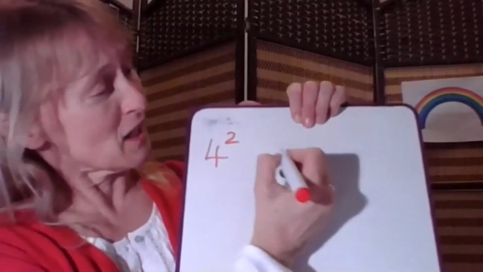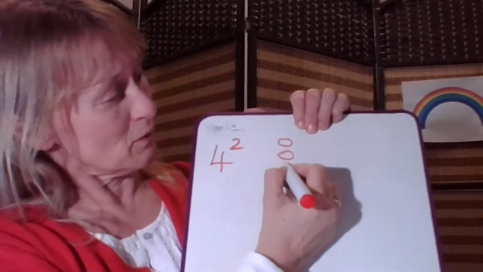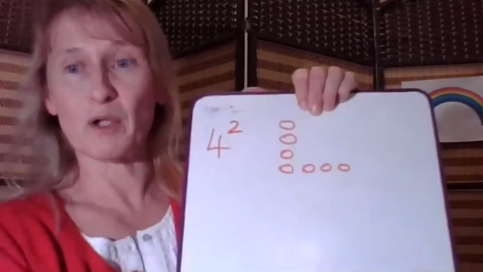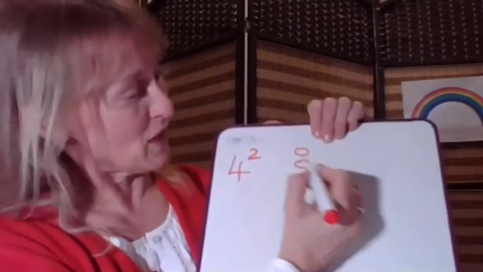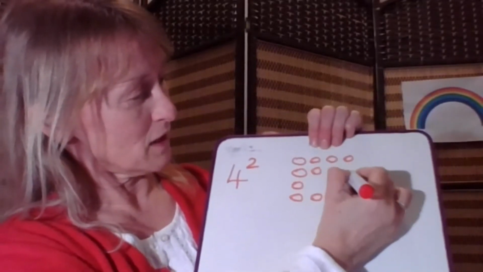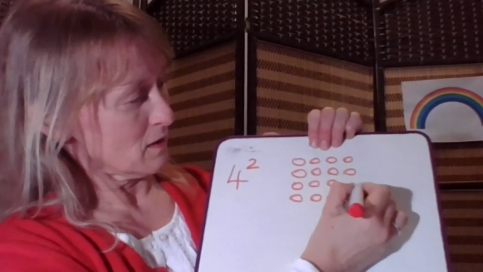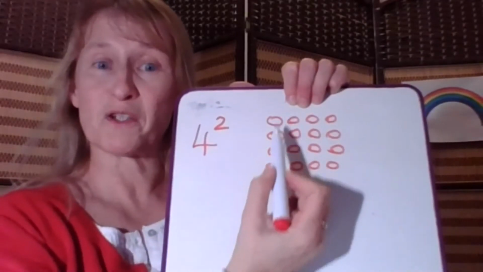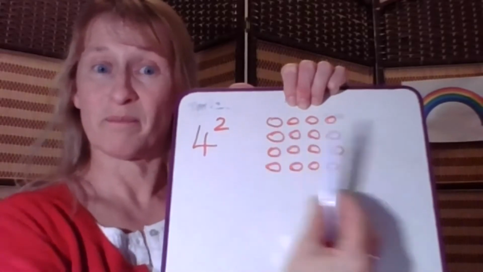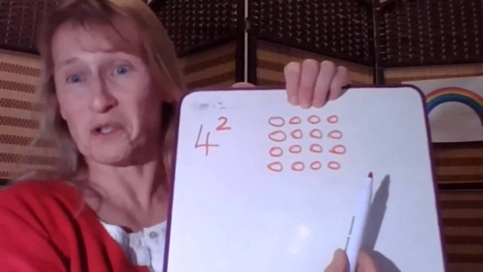And the reason is because we have 4 across and 4 down in our grid, and we finish off drawing all the counters in. So squared just means you go down and you go across to make your grid. It's got 2 dimensions, you call it.